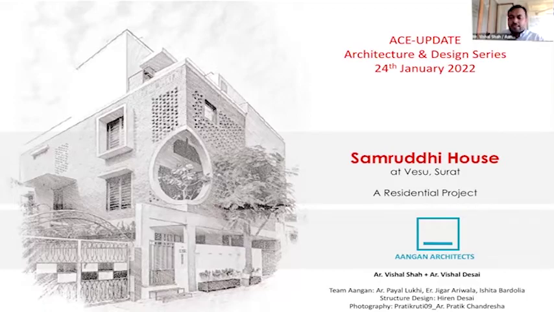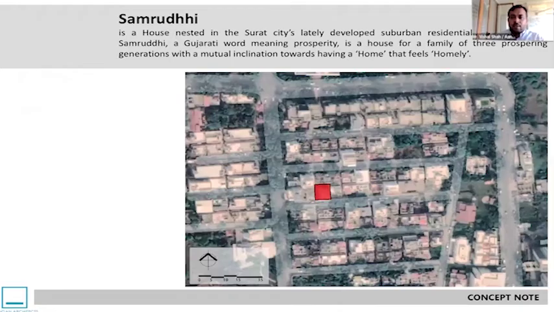This entire project started with the questioning of what sort of urban environment we should get into the house. A very small and compact floor plate of almost 41 feet by 35 feet was available for construction, and almost 4,300 square feet of construction was to be done.